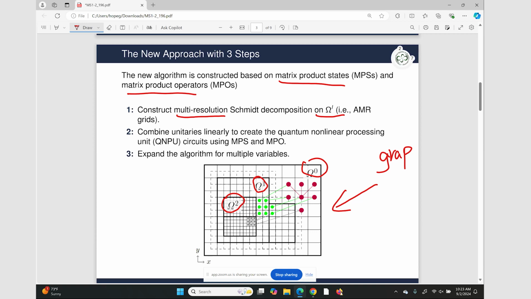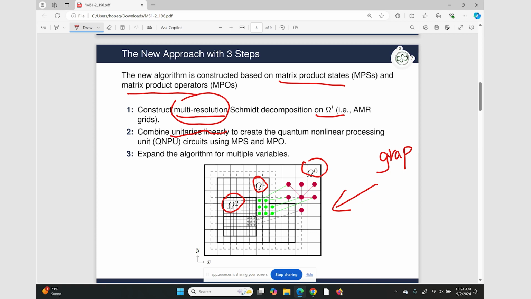So first, we construct a multi-resolution Schmidt decomposition. Secondly, instead of linearizing all the terms, we combine the unitaries linearly to create the quantum nonlinear processing unit, using this MPS and MPO.